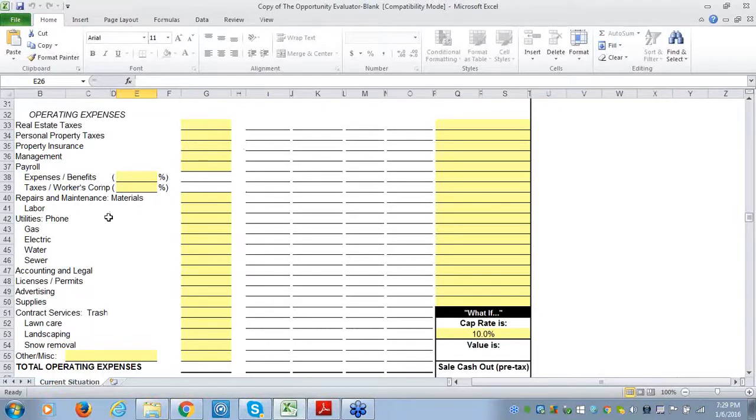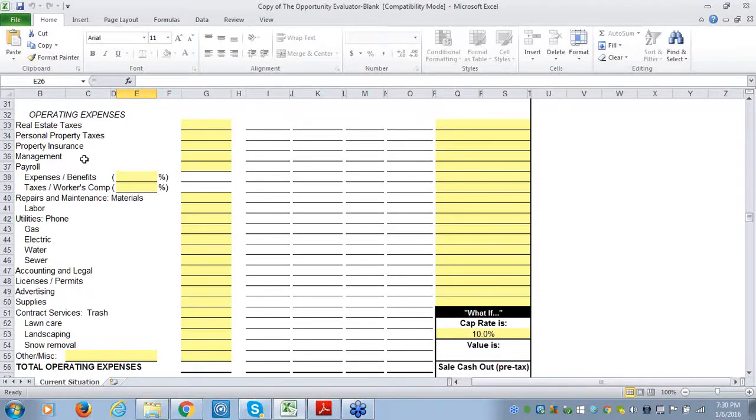Even if you are investing yourself, or you have investors who are starting off small so they don't have management, I would write this next thing down. Always include a figure for management, because even though they might not pay for management now because they only have a couple duplexes, once they get to 10 or 20 units, they're going to want management, and then that cost is going to be there.